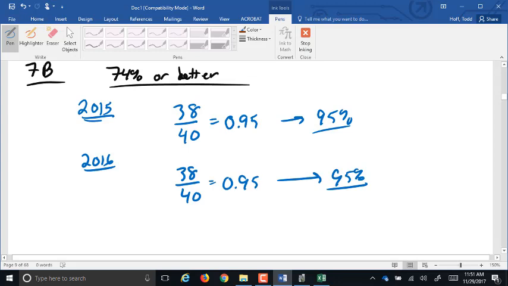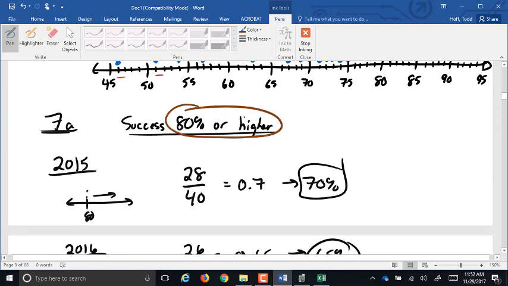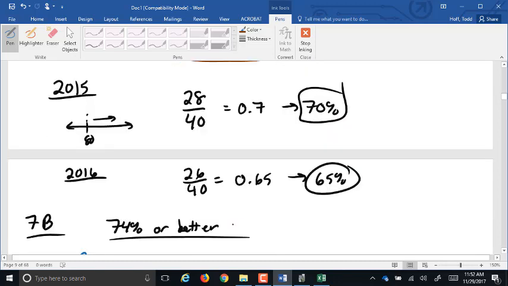So again, I'm not totally sure what the significance of those percents are, but if we assume that they had a significance to the grading, let's say that 80% or higher was a C or better, and that 74% or higher is a D minus or better.